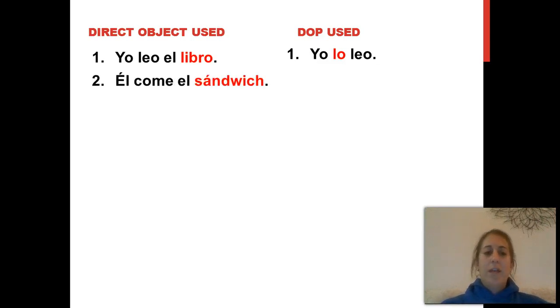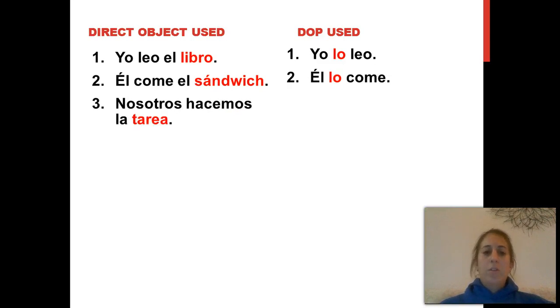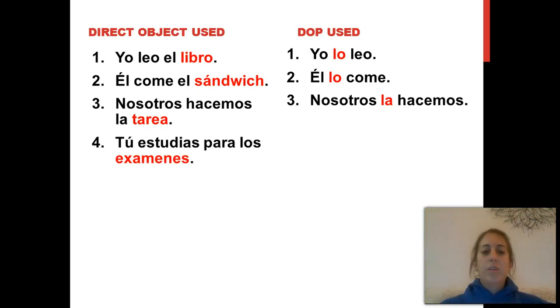Number dos. Él come el sándwich. What are you going to replace el sándwich with? Él lo come. Nosotros hacemos la tarea. What are you going to replace la tarea with? Nosotros la hacemos. Tú estudias para los exámenes.